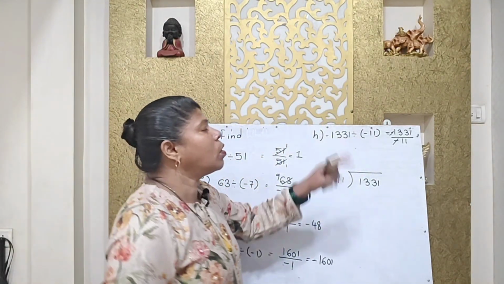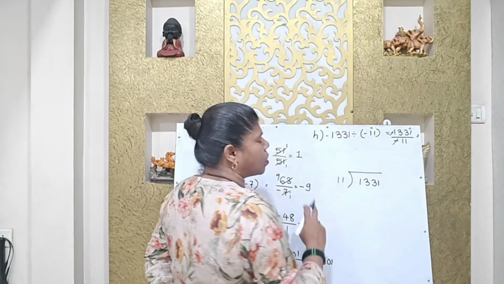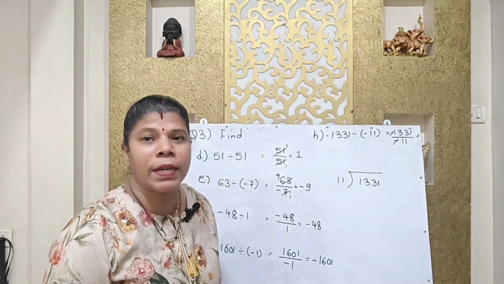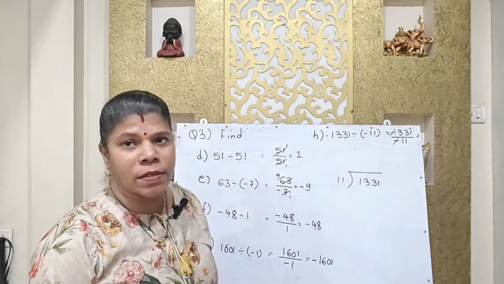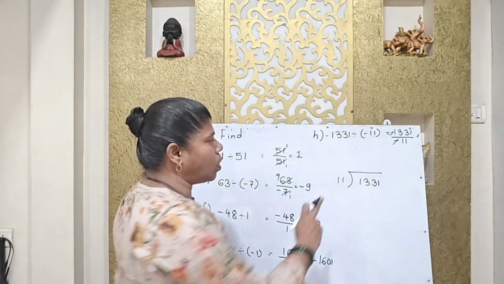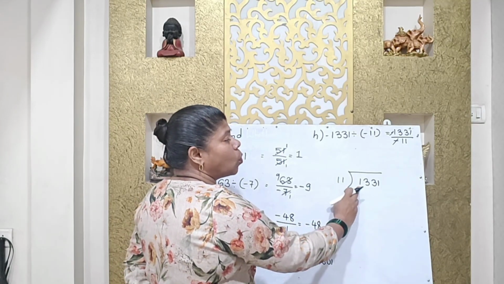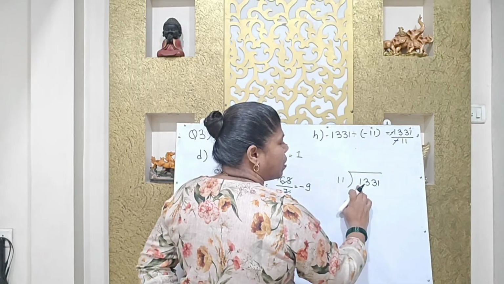Okay now, we will divide 1331 by 11. 11 is the divisor and 1331 is the dividend. When there are 2 digits in the divisor, then we will take 2 digits in the dividend, that is 13. Don't start with the 1 place, start with the first two places.